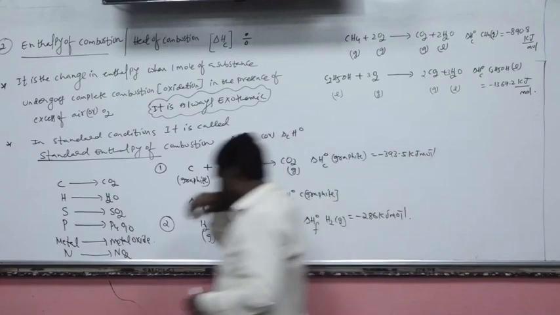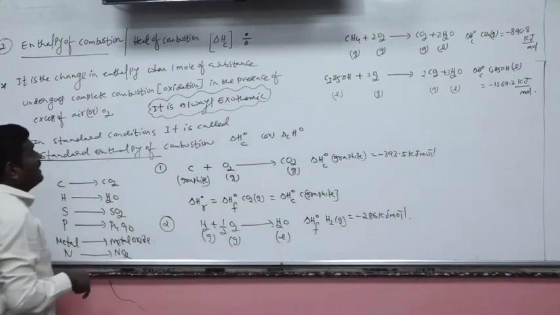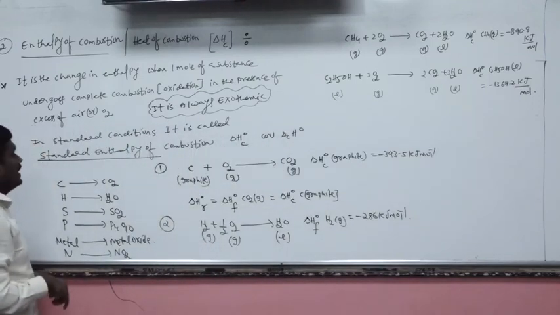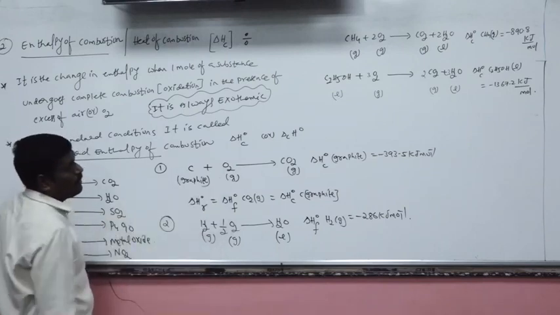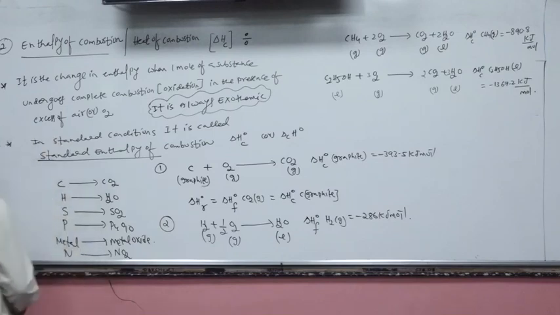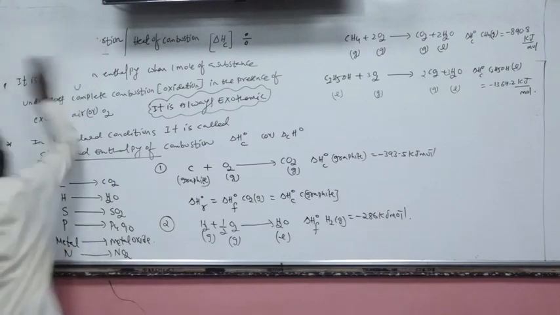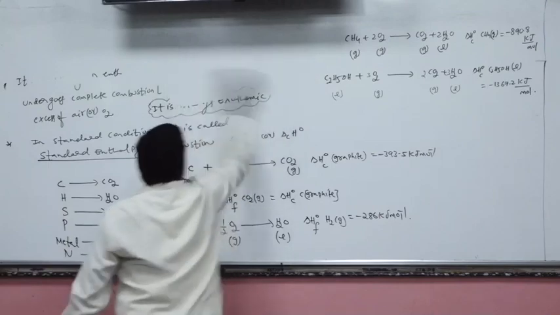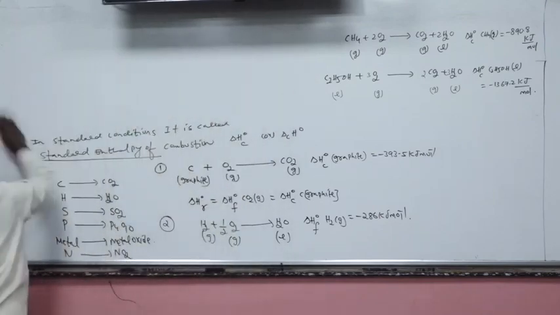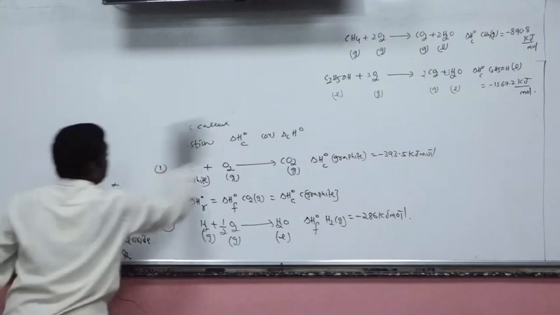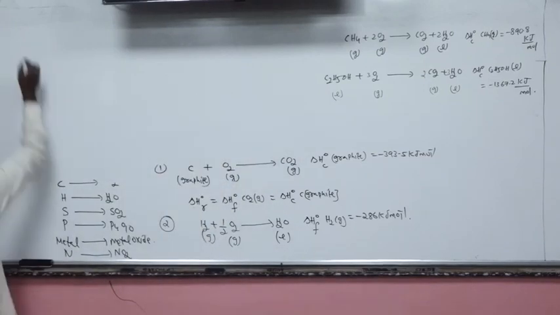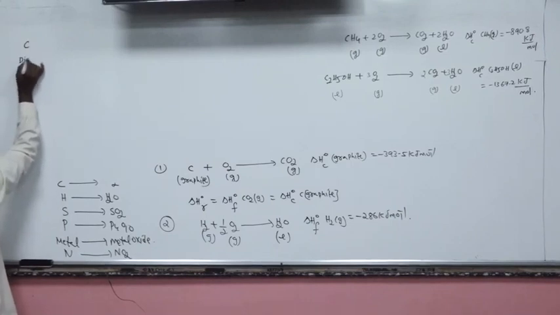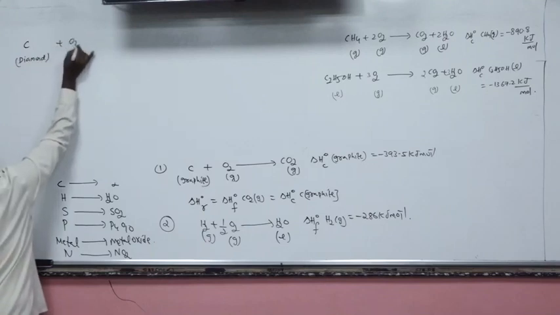Now, the standard enthalpy of combustion is always corresponding to 1 mole of the substance in the presence of excess air or oxygen. Remember, let us suppose carbon allotrope diamond I am taking, oxidation.